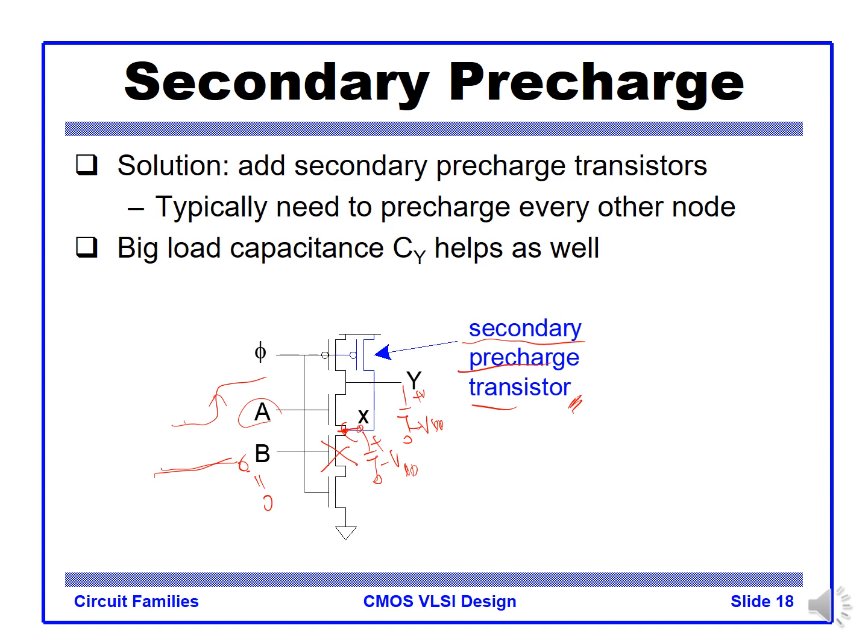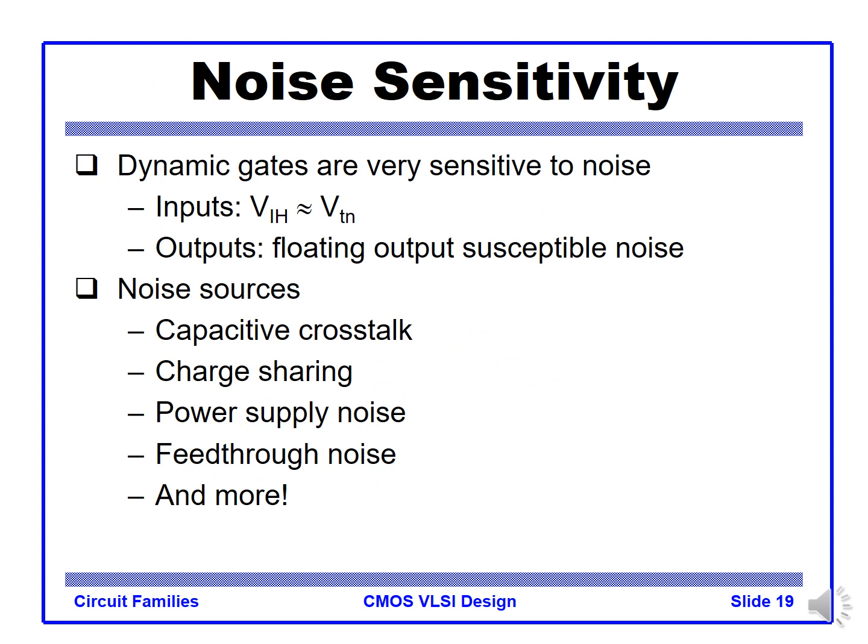As you can see, dynamic circuits are very sensitive to noise because we are relying on floating capacitance. Such a floating capacitor or output is very susceptible to noise. There are lots of noise sources. First, the capacitive crosstalk we explained before, and also the charge sharing that I explained.